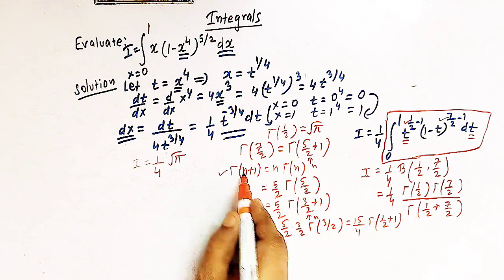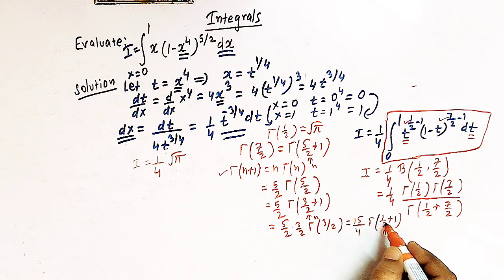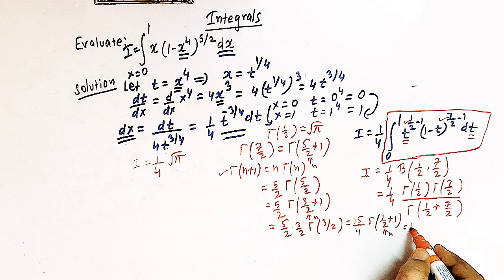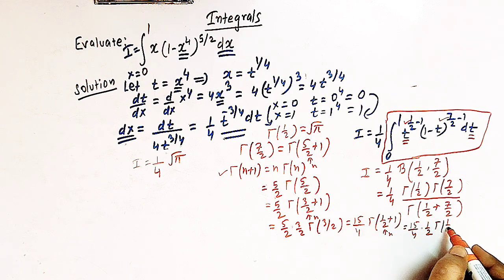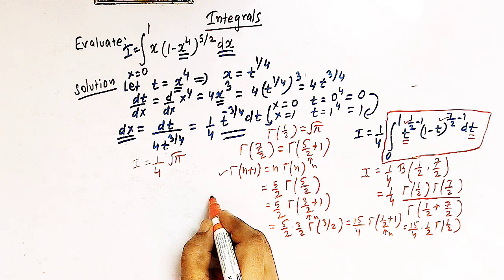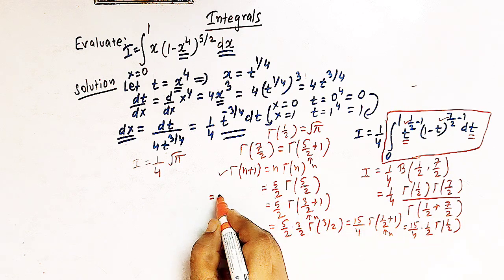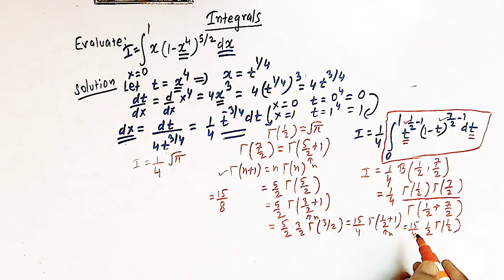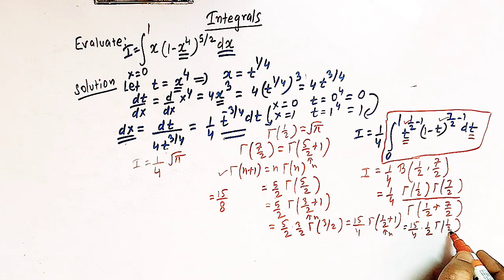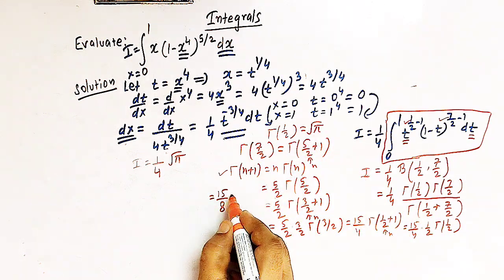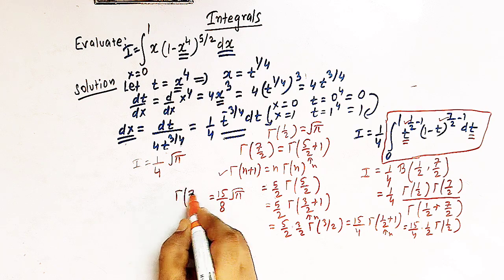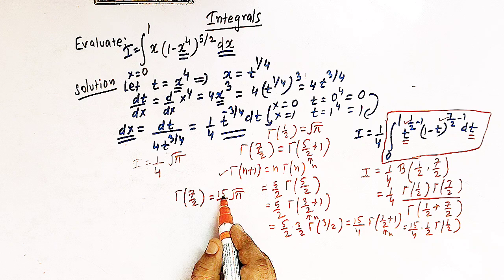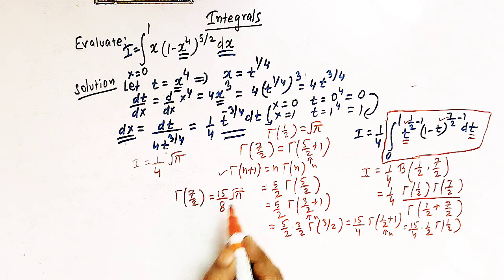So again, using this result, we have n is equal to half. So we have 15 by 4 times half and gamma of half, right? So this is now equal to 15 over 8. 4 times 2 is 8, and gamma half is equal to square root of pi, right?